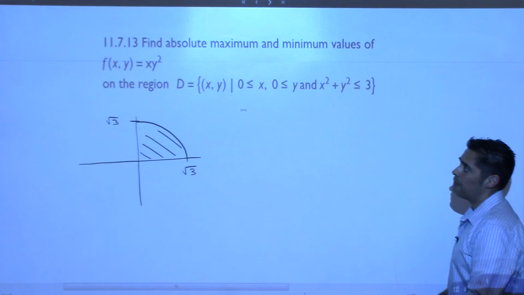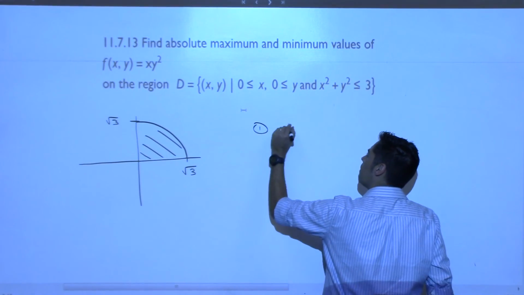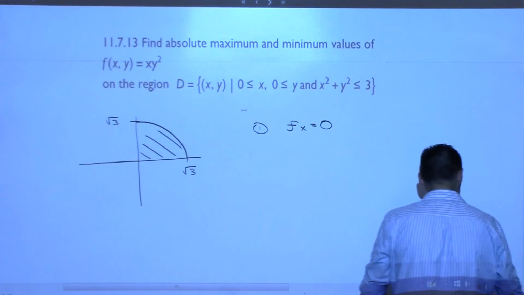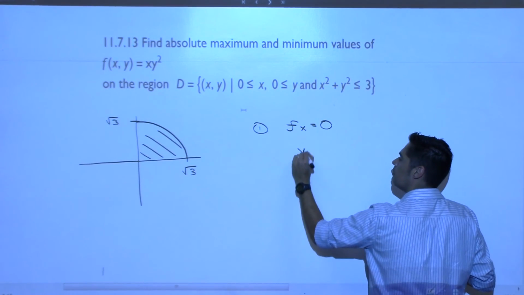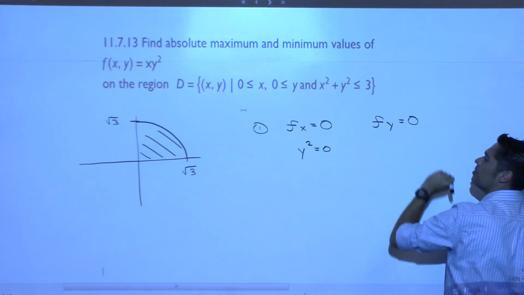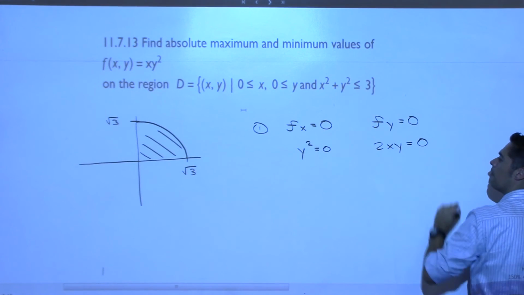So we start by first looking at the partials, setting them equal to 0. So what's the partial of f with respect to x set equal to 0? That's y squared is 0. Next, partial with respect to y equal to 0, which is 2xy must be 0.